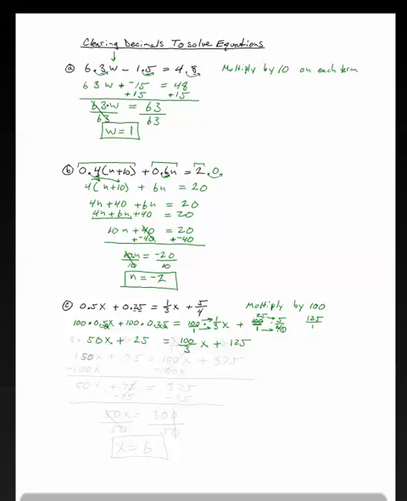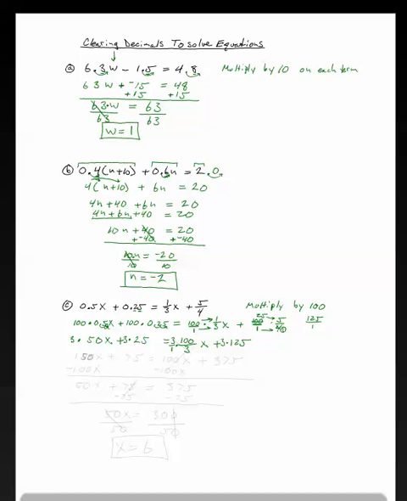Now I got rid of the decimals in that step, but I still have a denominator of 3. But there's no other fractions. So what I need to do is go through and actually multiply each of these terms by 3. So I would do 3 times 50x, 3 times 25, and then since this is a fraction, I'd use 3 over 1 times 100 over 3x, and then 3 times 125.